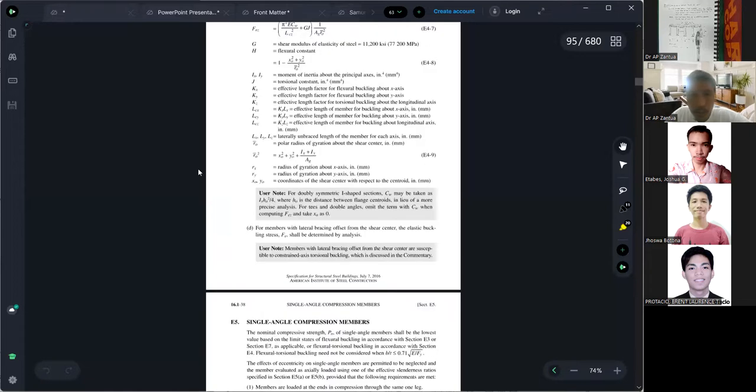So this is not the one we are looking for. So tables. Where are the tables? Handbook of tables. Properties of structural shapes. So maybe this one.